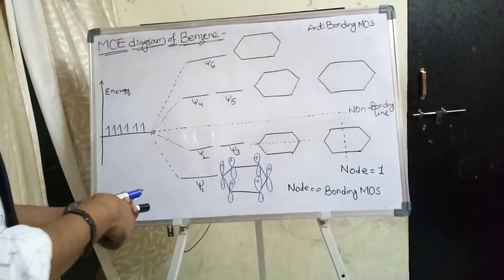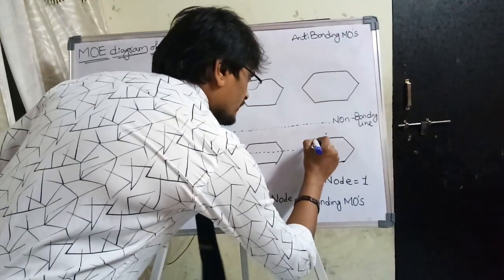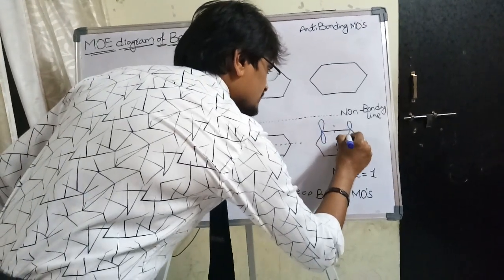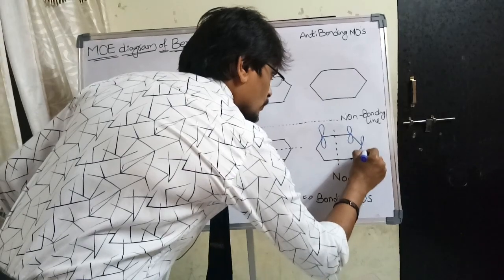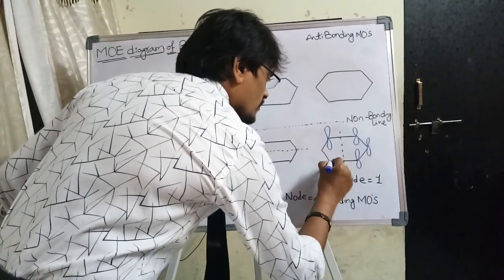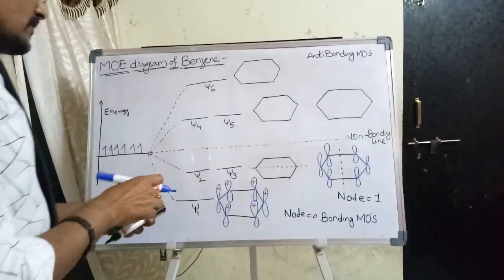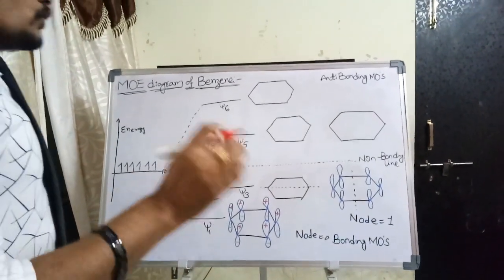Node equals 1. Now let us try to project the lobes: third lobe, fourth lobe, fifth lobe and sixth lobe. Here you have to be very careful.